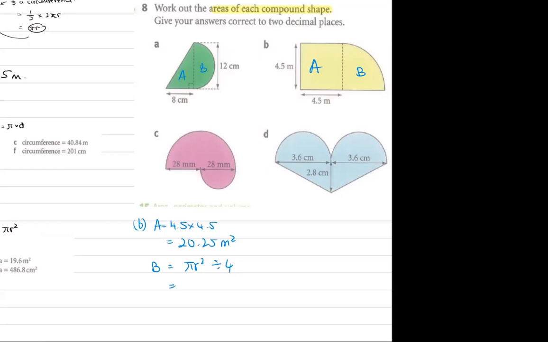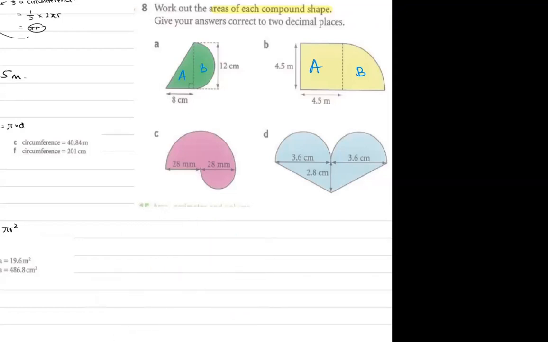The radius is 4.5. So pi times 4.5 squared divided by 4 gives 15.90. Plus 20.25. Total is 36.15 square meters.